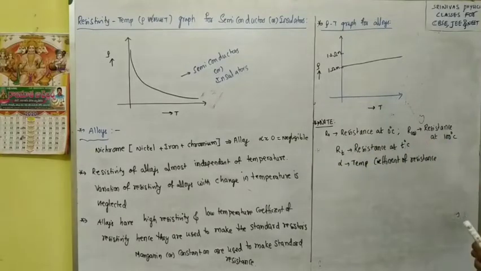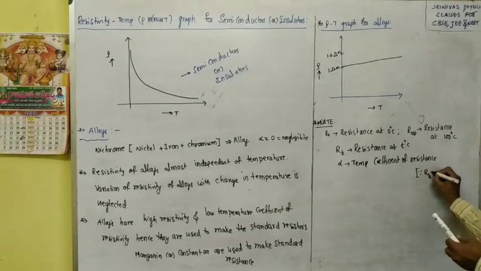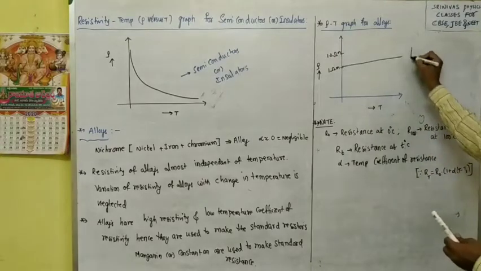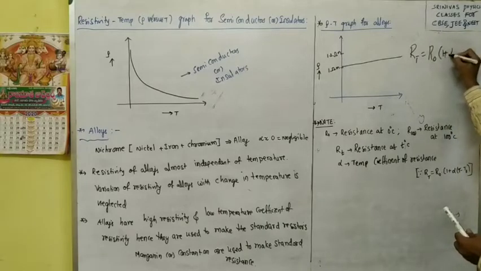I will derive. Okay. We know the formula for resistance at T degree Celsius, right? RT is equal to R0 into 1 plus alpha into T minus T0.